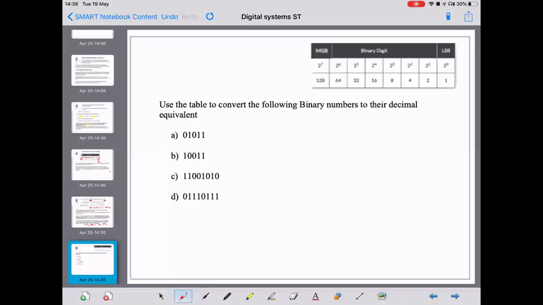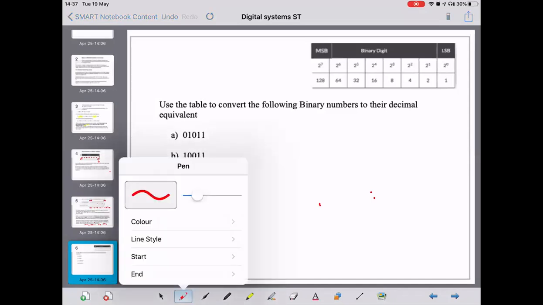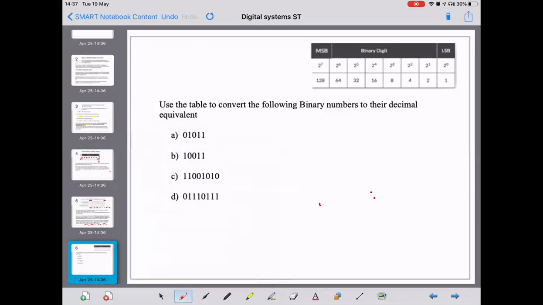Right then, what do we got? 1011. What does that equal? I'll get an answer sometime this afternoon.